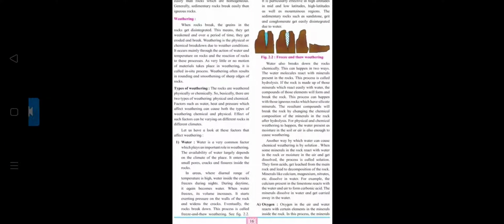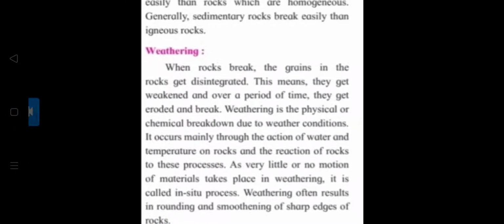Now weathering over here, if you see, when rocks break, the grains in the rocks get disintegrated. Disintegrated is like they break down further. This means that they get weakened, and over a period of time, they get eroded and break.